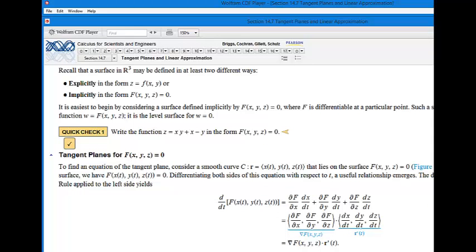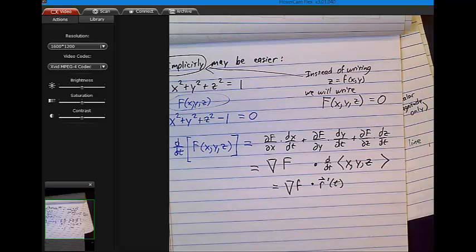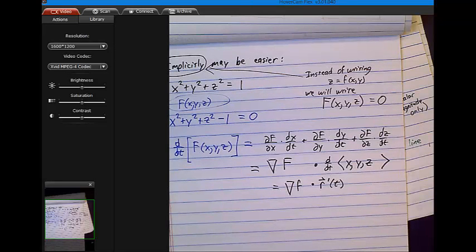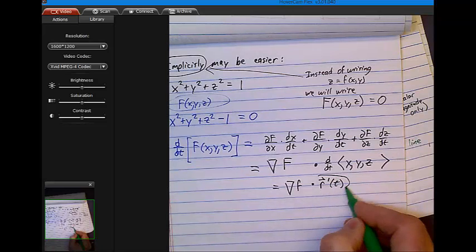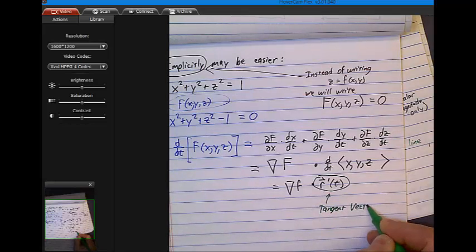So, if we say, oh, one last thing. What did r prime of t tell you? This used to give me a tangent vector, right?